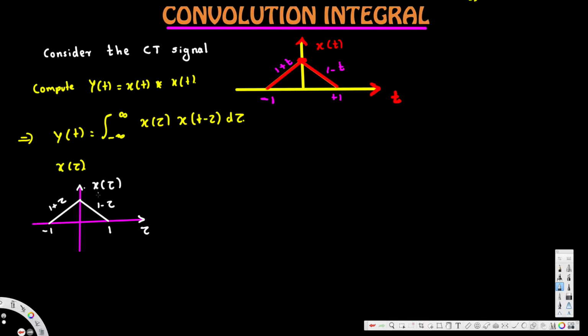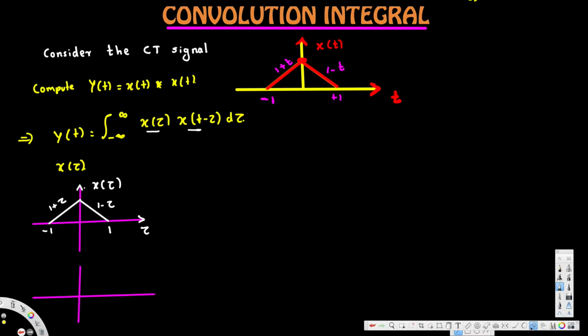Now we need to know what x of negative tau looks like, because we need x of tau and also x of t minus tau; these two are the things we need to calculate our final expression. Let's draw x of negative tau. Since it's symmetrical, it's going to be exactly the same.